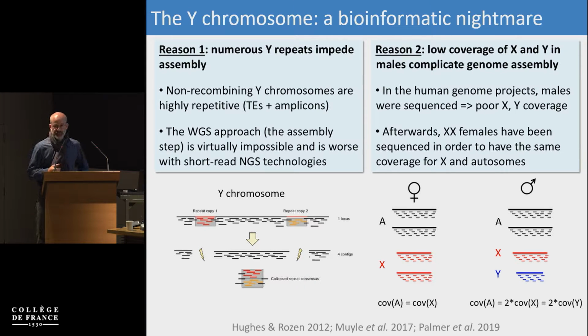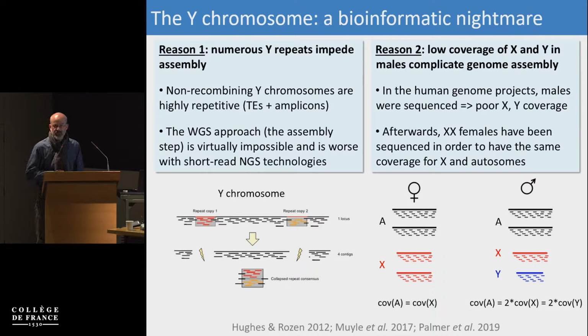The first reason is the repeats that are really abundant on the Y chromosome. When you want to use the whole genome shotgun approach, this really makes the assembly difficult.